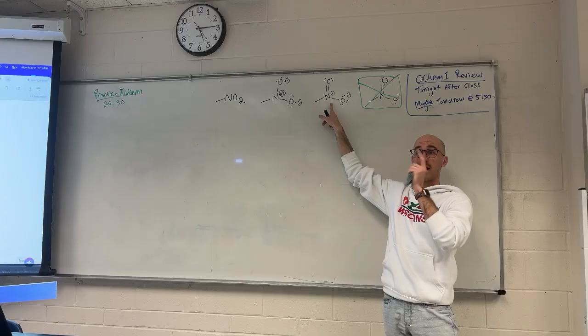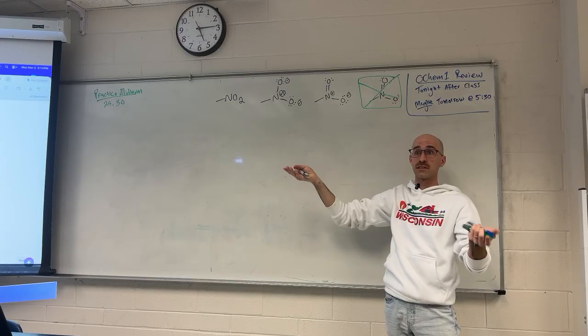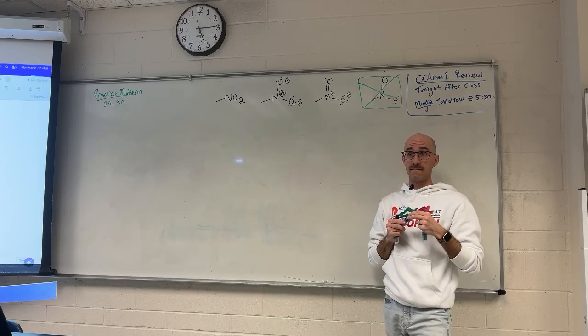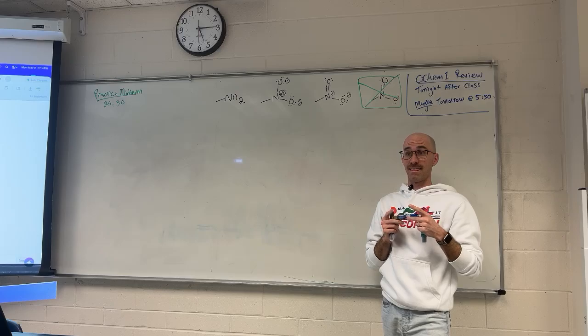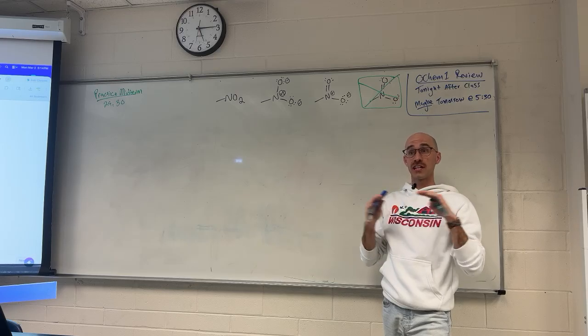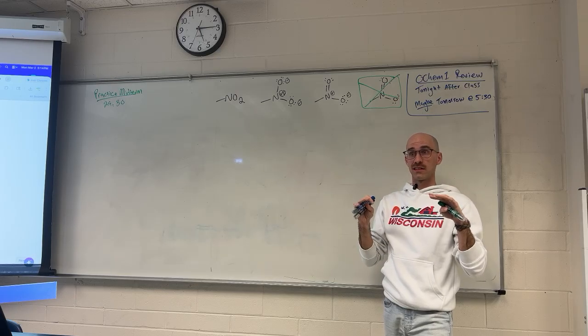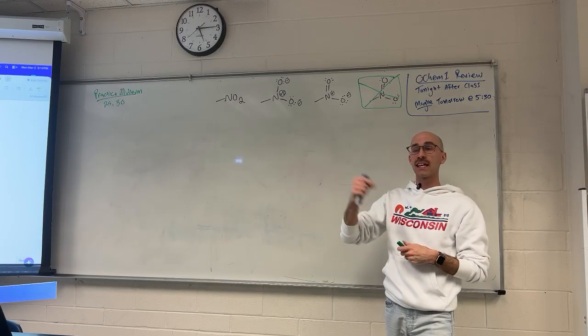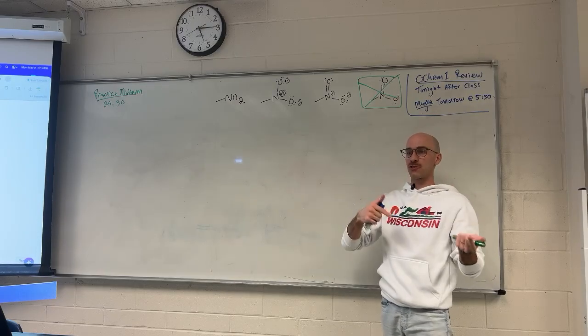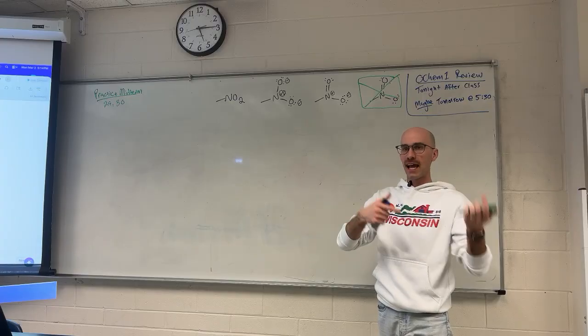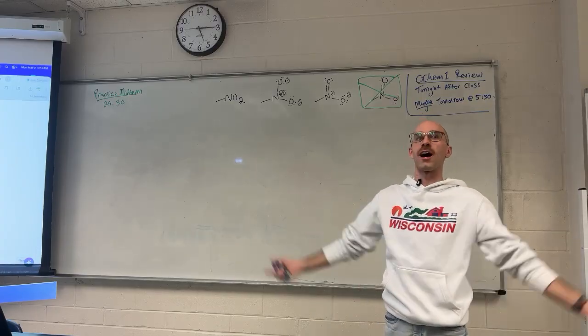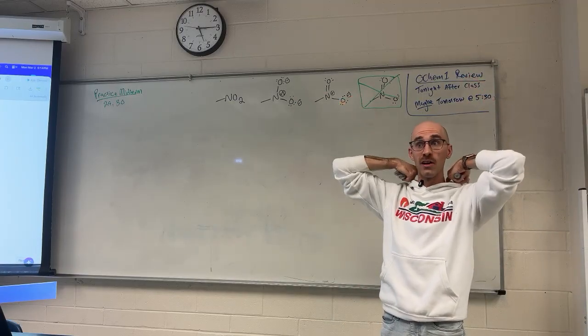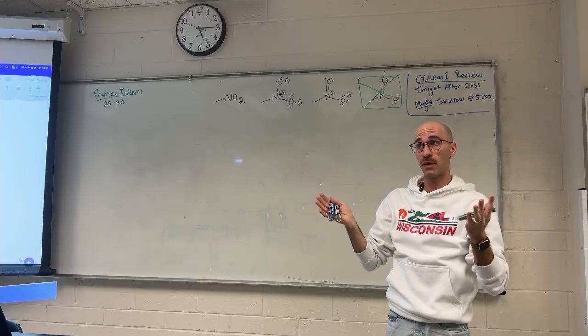Phosphorus, nitrogen's big brother, also has 5 valence electrons, and phosphorus can expand. Yeah, its outer shell, the second shell, can only physically fit 8 electrons. In order to get 10 electrons, it'd have to put those extra 2 in the 3s orbital, so it'd have to start occupying a higher energy shell, which is not impossible.